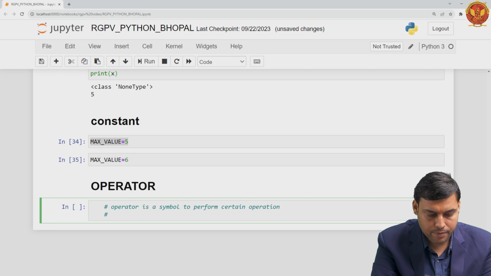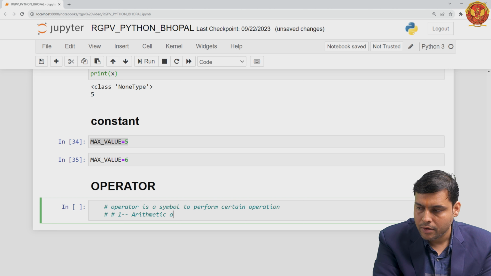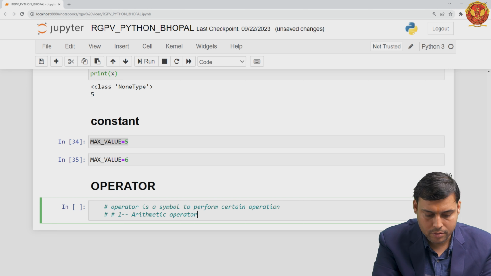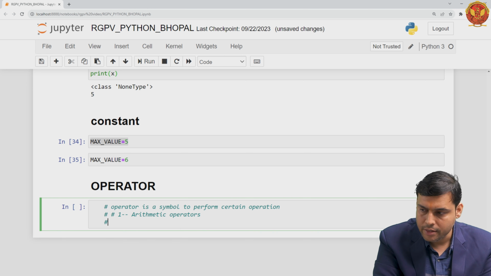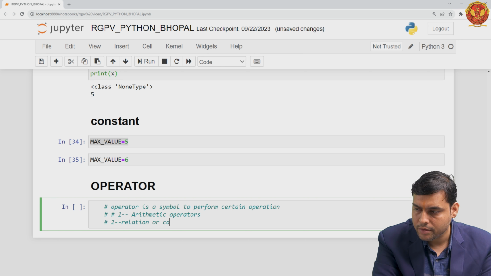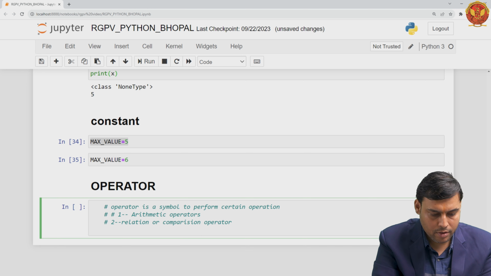One is arithmetic operators. Second one is relational or comparison operator. Third one is logical operators.